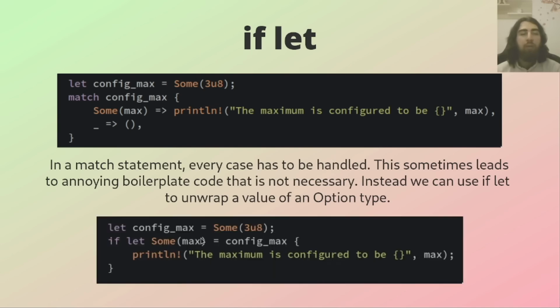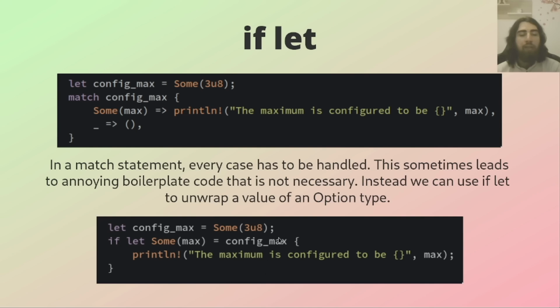Now what we can do instead is just using if let. So it's exactly the same as this match statement, but we know that config max holds a Some value, right? So we don't have to consider the case where it holds a None value.